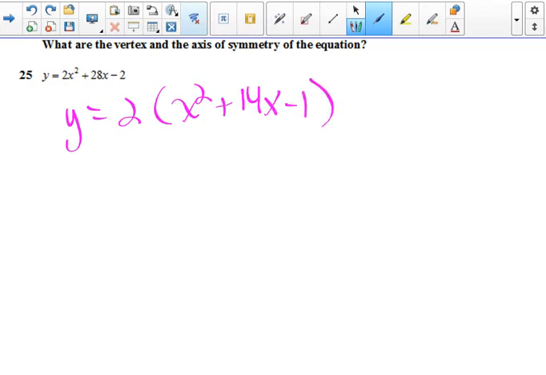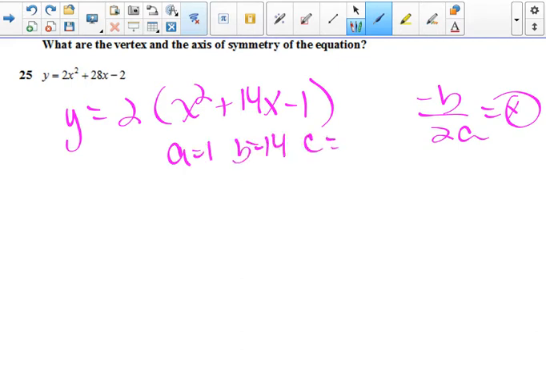And remember, we're going to use our negative b over 2a vertex formula. That's going to help us get our x value. So we decide, okay, we've got an a value equal to 1, b is equal to 14, c equals negative 1. So let's plug it into our vertex formula.